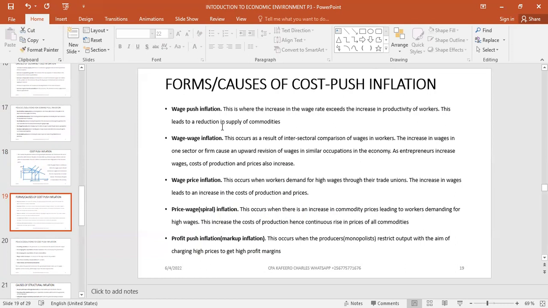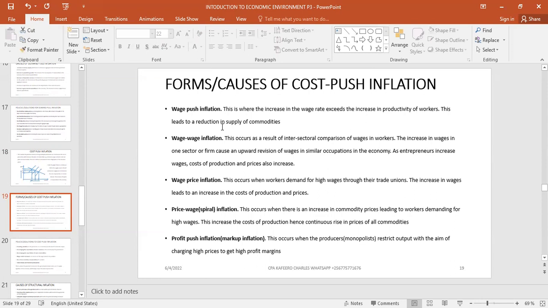We are starting with the labor. If the labor is demanding more pay, then we expect that the price is going to be high. We are saying wage push inflation. This is where the increase in the wage rate exceeds the increase in the productivity.